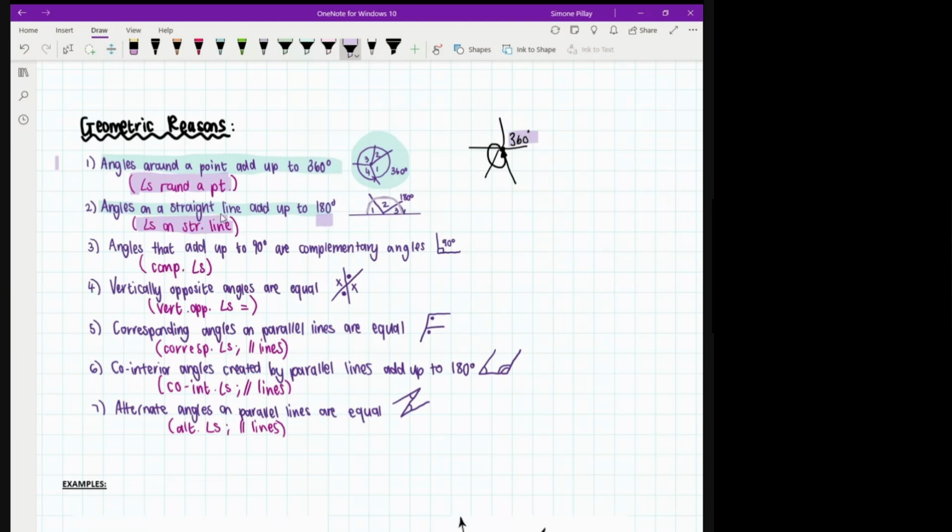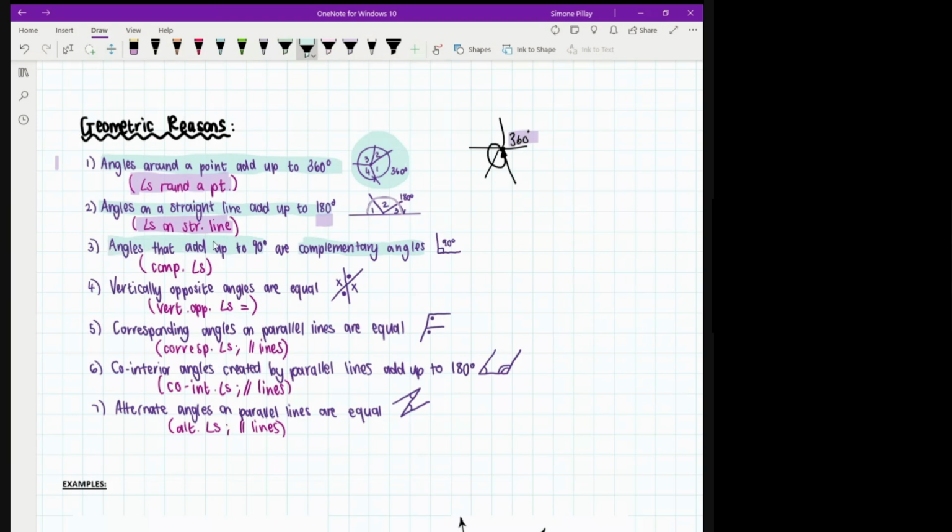The next thing we learned about is complementary angles, which are angles that add up to 90 degrees.